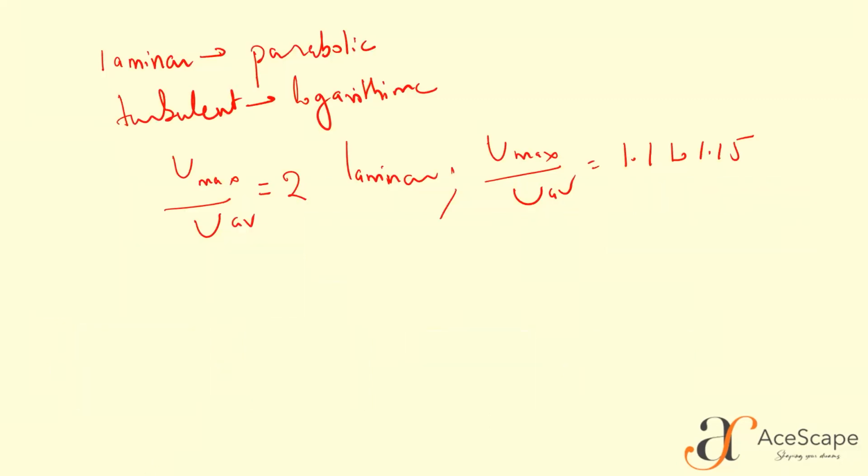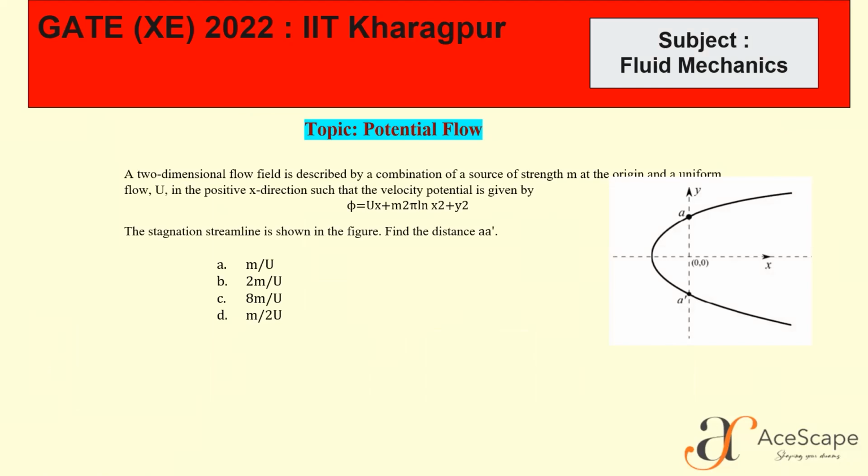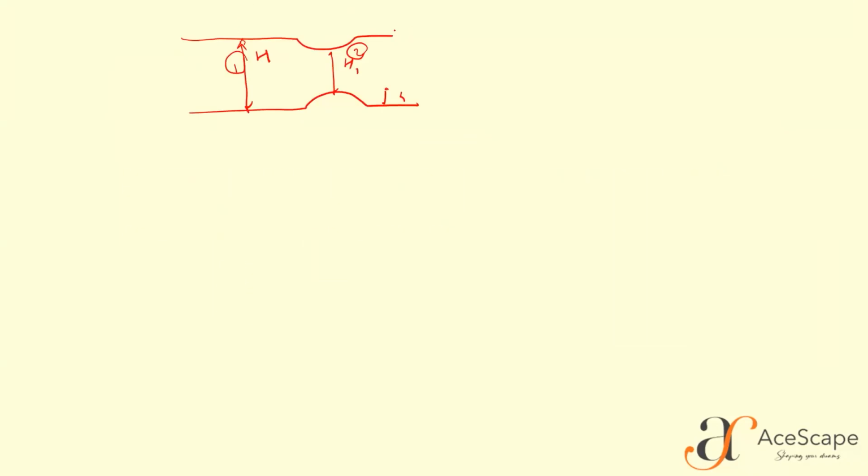We know that discharge is given by area into velocity, and the area can be written as height into width. So discharge per unit width is nothing but height into velocity.